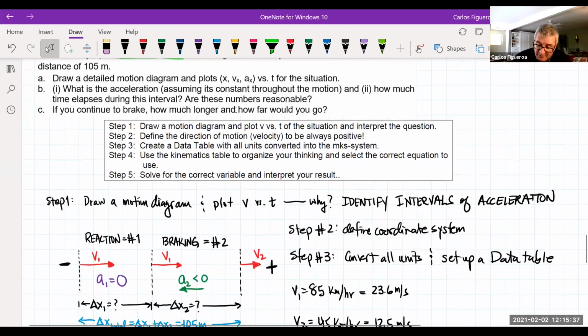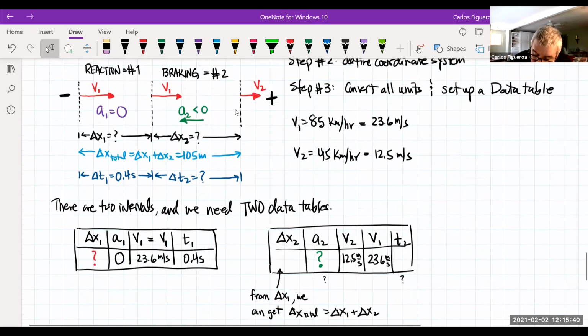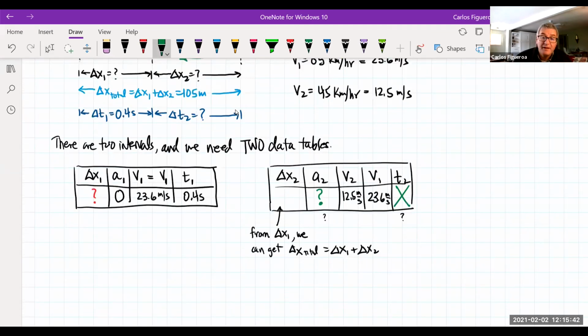It is time. The thing we do not have determines the equation to use. So let's go do this then.